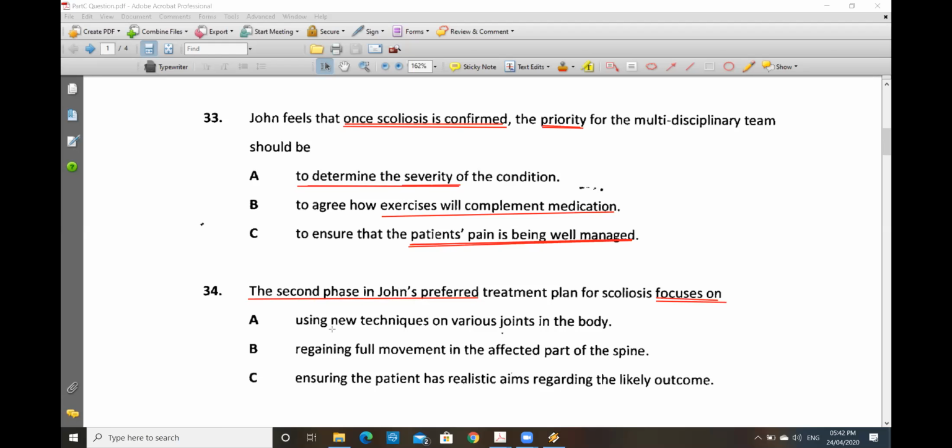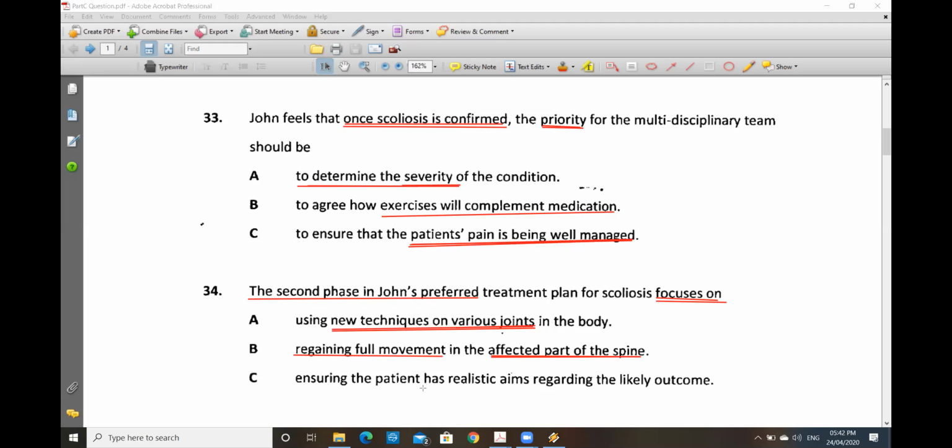New techniques on various joints, or regaining full movement of only the affected part of the spine. See how you can differentiate: B is specifically the affected part of the spine, whereas A is various joints.